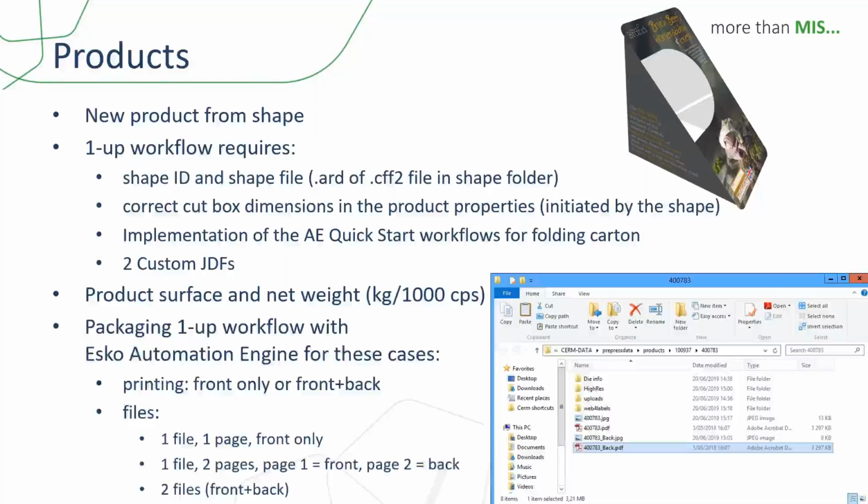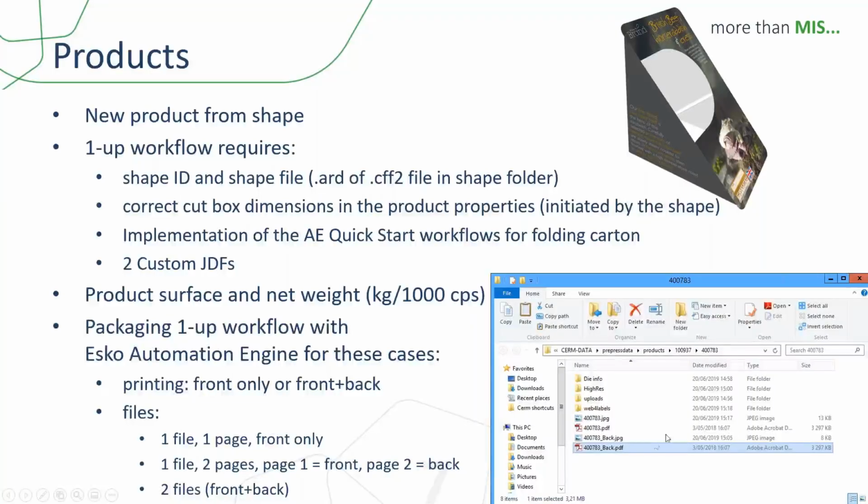Because of these files, you could work with one file for one page for front only. That I think is obviously clear. Another option is one file containing 2 pages, and that will then be page 1 for the front and page 2 for the back of the box.